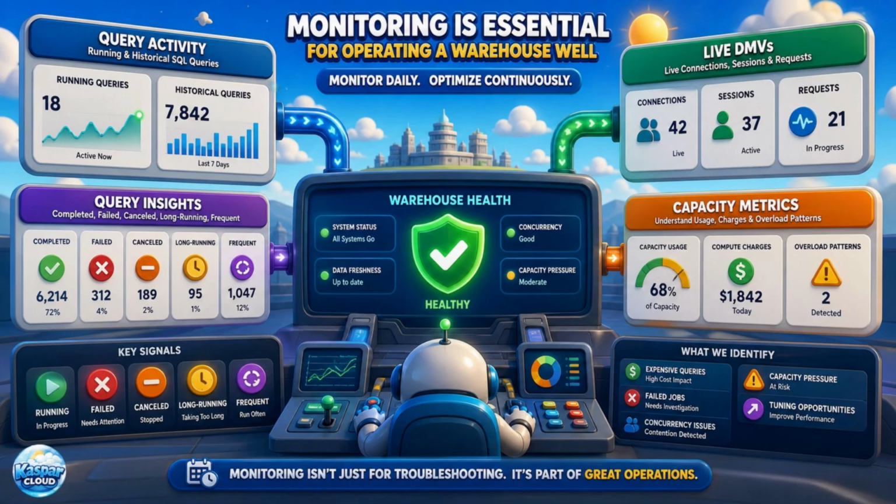The Microsoft Fabric Capacity Metrics application helps administrators monitor compute usage, capacity consumption, throttling conditions, and workload pressure across Fabric resources. Together, these monitoring capabilities help engineering teams identify expensive queries, failed ingestion jobs, concurrency bottlenecks, inefficient workloads, and capacity saturation issues. Effective monitoring should be treated as an ongoing operational discipline rather than only a troubleshooting activity during incidents.